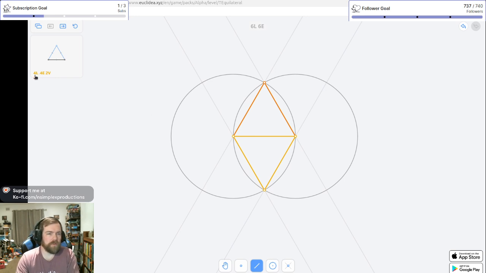So, L refers to, I forget what L actually stands for, but it's the number of moves that you have to make given all of the tools that you have available to you at your disposal. So not just a straight edge and compass, but sometimes there's a perpendicular bisector, which takes extra moves if you were to do it all by compass and straight edge.